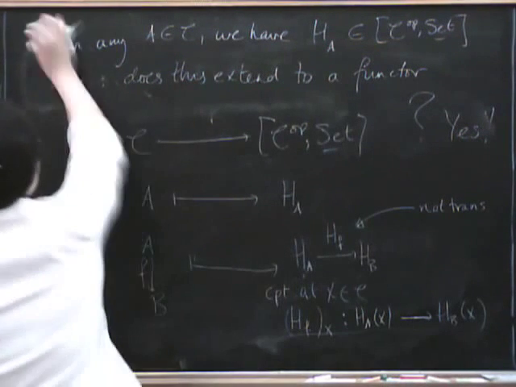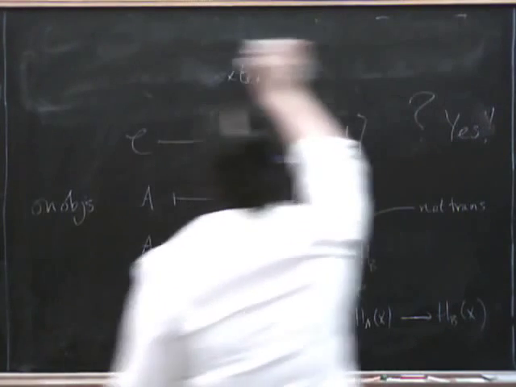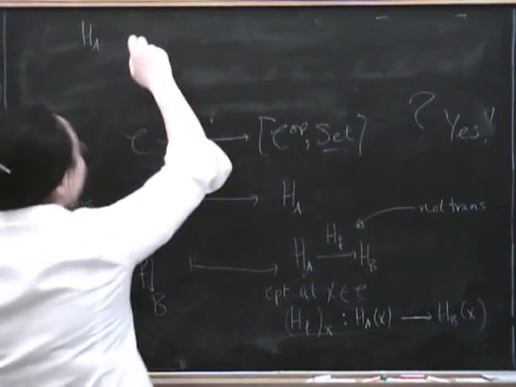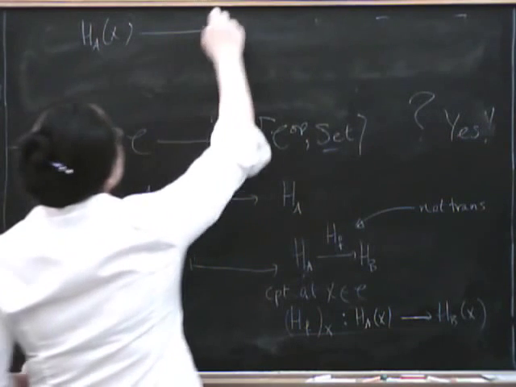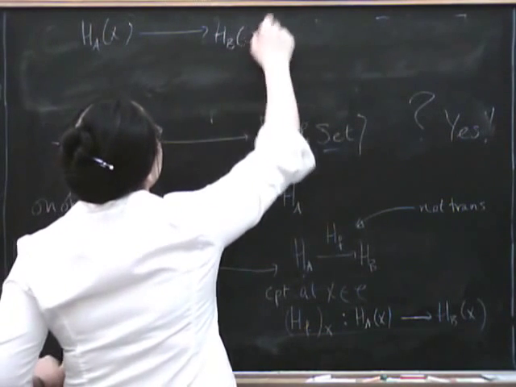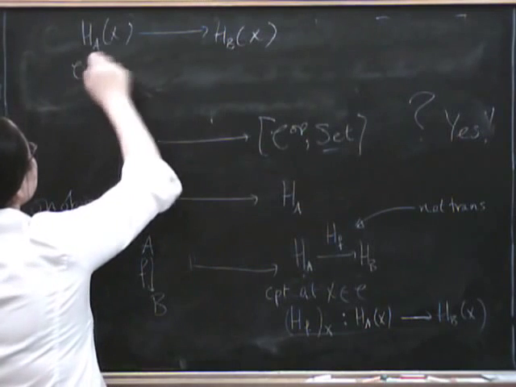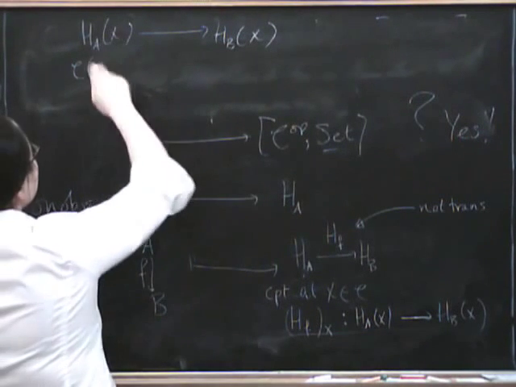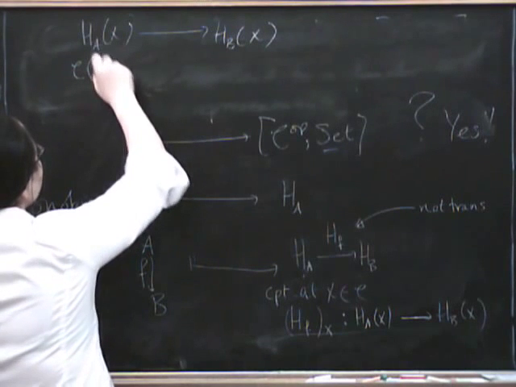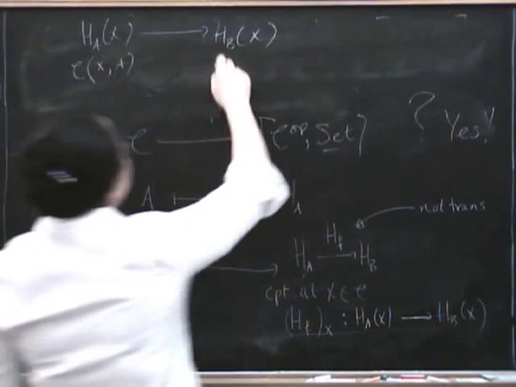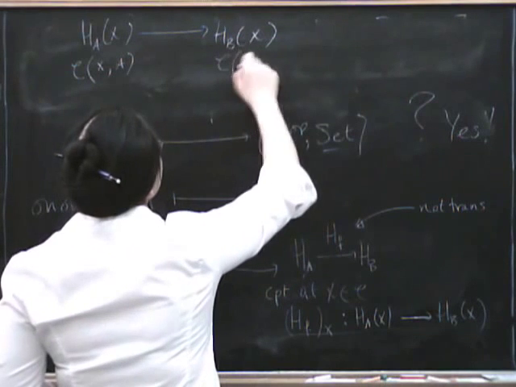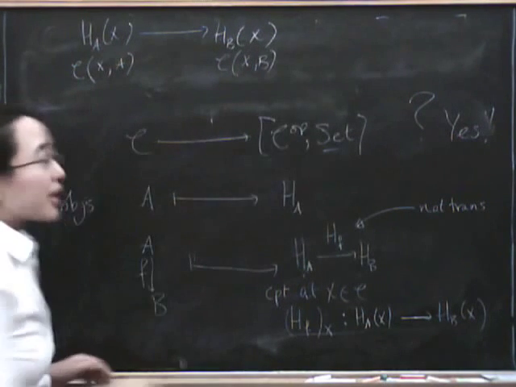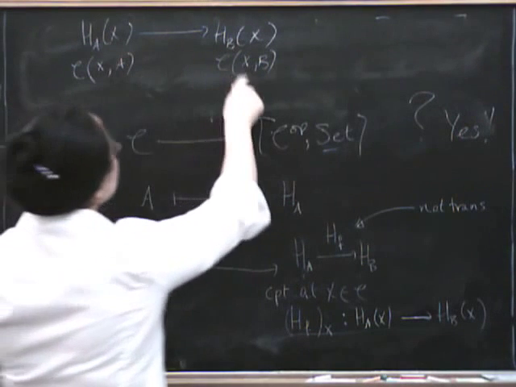We're trying to go from H sub A applied to X to H sub B applied to X. Right, but this is the morphisms in C from, and this is contravariant in X, so the X is going over here, from X to A, and this is the morphisms in C from X to B. So this component has to be a function from this Hom set to this Hom set.